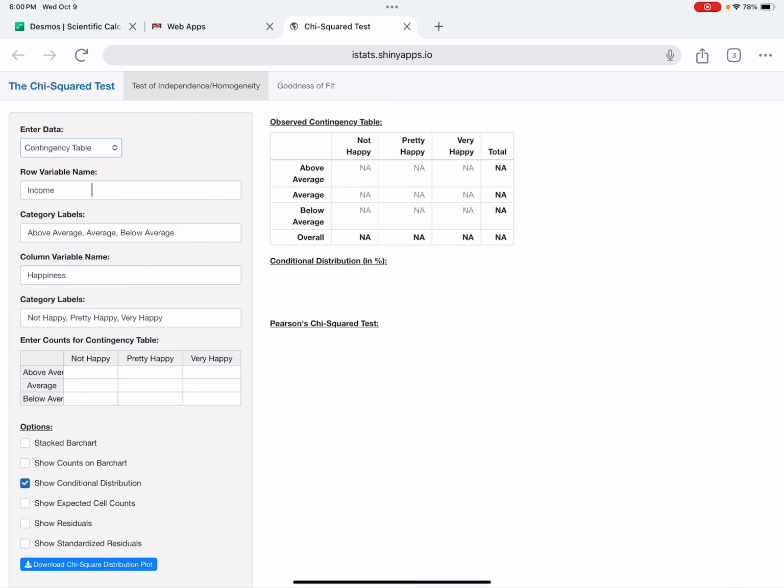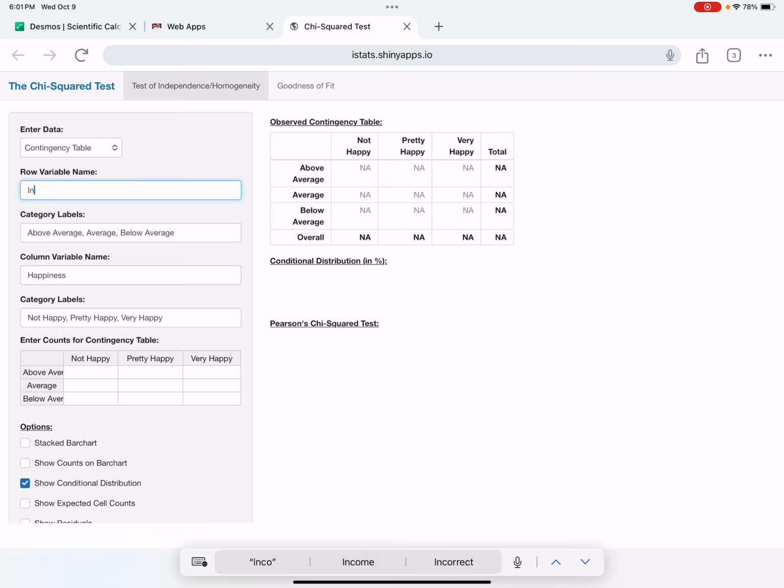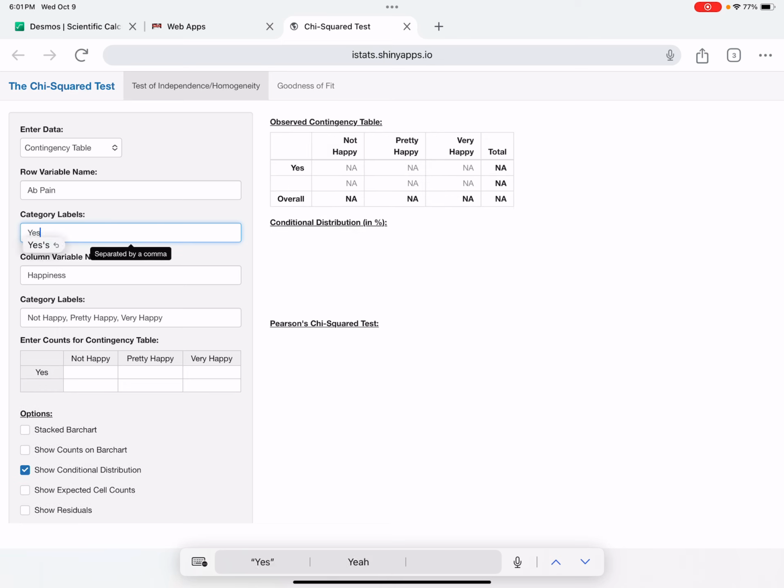So they ask us for a row variable name and then the categories in that row, and then the same thing for the column. In our case, the rows were whether or not somebody experienced abdominal pain. And the categories were just yes or no. They either experienced abdominal pain or they did not. Put a comma between the different categories.